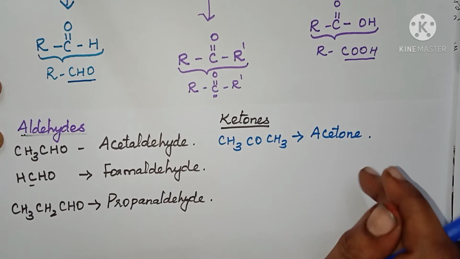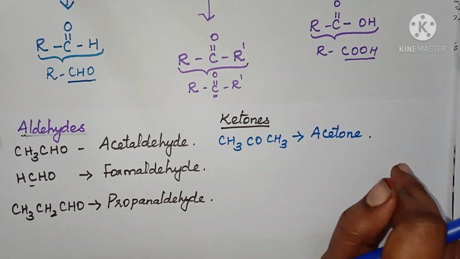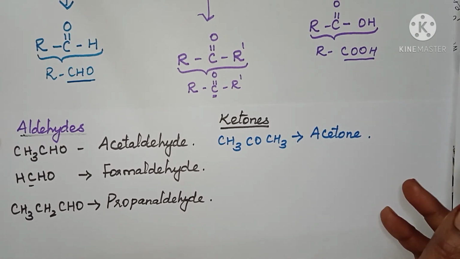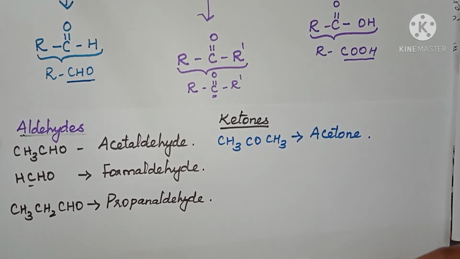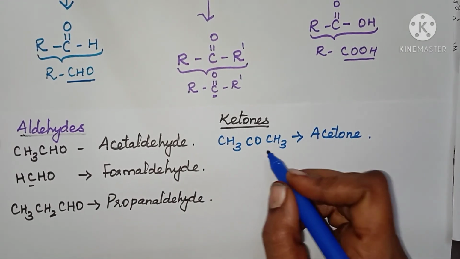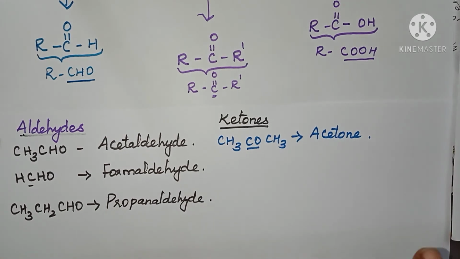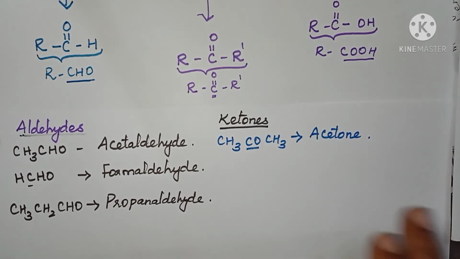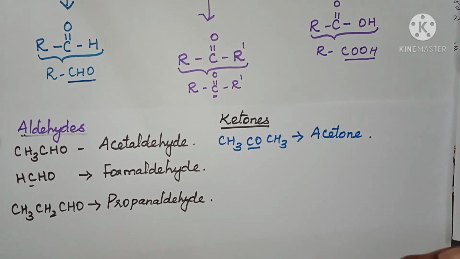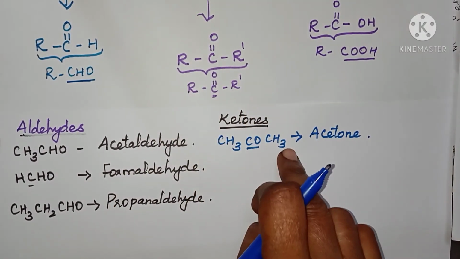One thing I'll tell you about the ketones. To make the formula of a ketone, we need a minimum of 3 carbons. How come 3 carbons? One carbon is attached with the double bond of oxygen, so that is the main backbone. Both sides are alkyl or aryl, which are carbon compounds only.